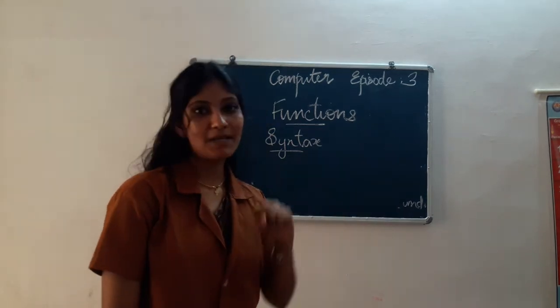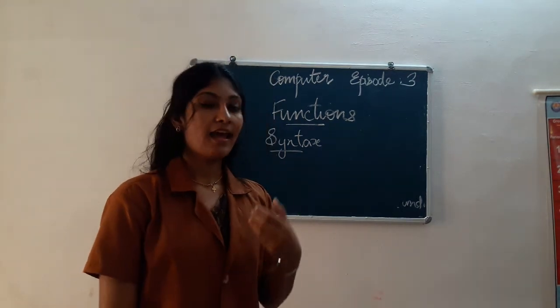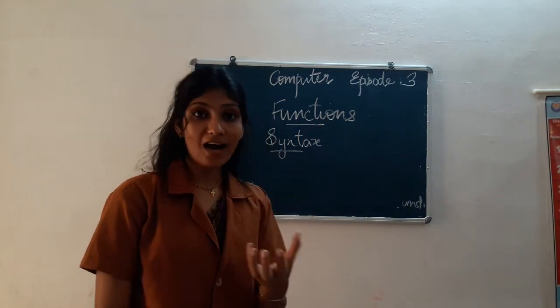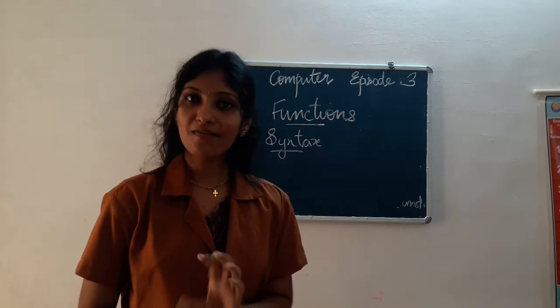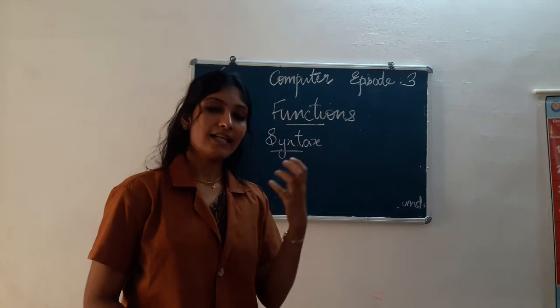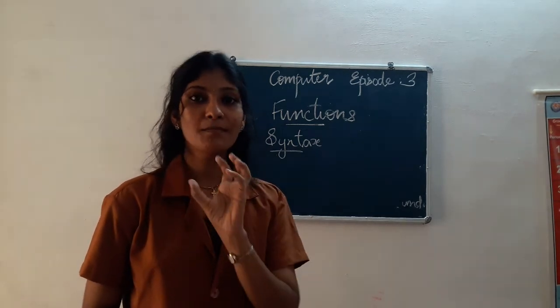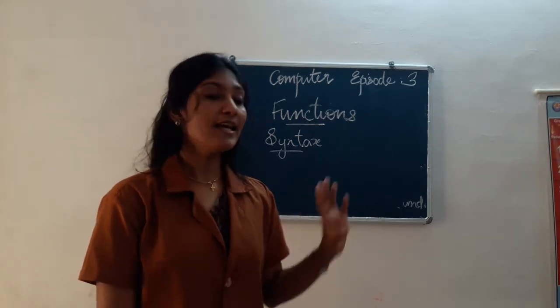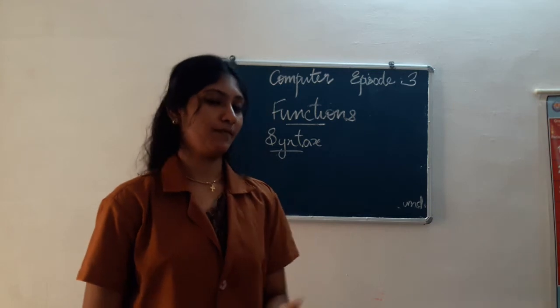For example, sum is a function used for calculating addition, and average is a function used for calculating the average of numbers. There are also many other functions used for particular purposes. Right? Now let's think about what the syntax of a function is.